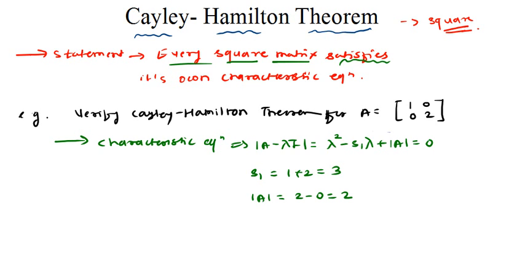So finally we get the characteristic equation: lambda square minus 3 lambda plus 2 is equal to 0.